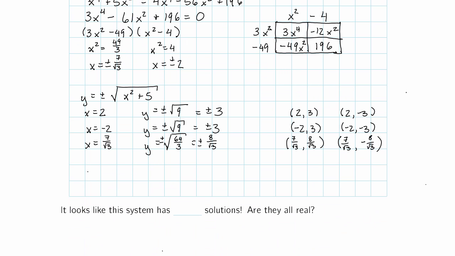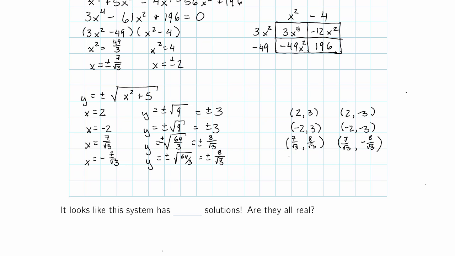Our last possibility is x equals negative 7 over root 3, which gives us y equals, again, plus or minus root 64 thirds, which is plus or minus 8 over root 3.